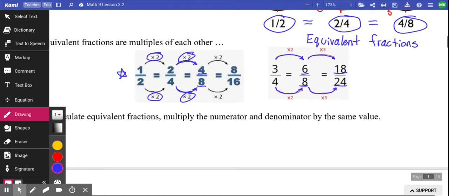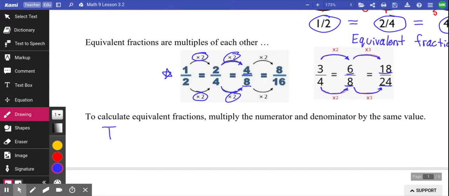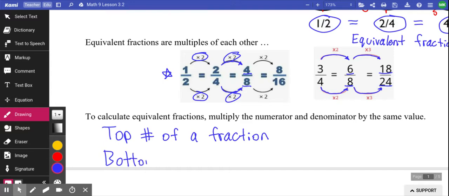We're going to talk about the top number of a fraction and the bottom number of a fraction. Because as we do fractions, I'll often refer to them as two different things. I'll use both words in the same sentence, so you hear the common language that's easy for you to recognize, and then the mathematical language so that you actually know what the term is.